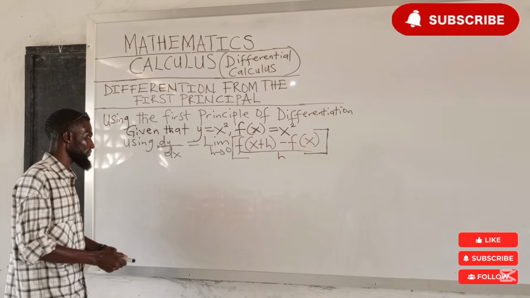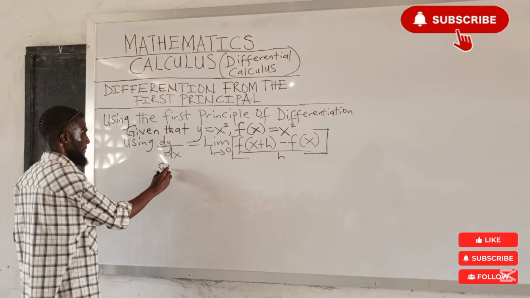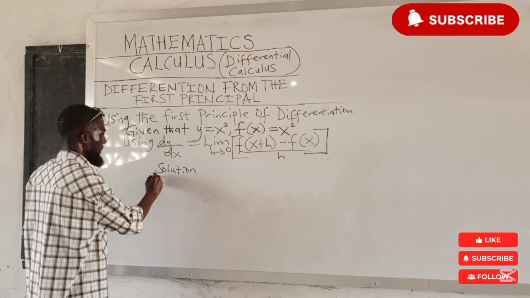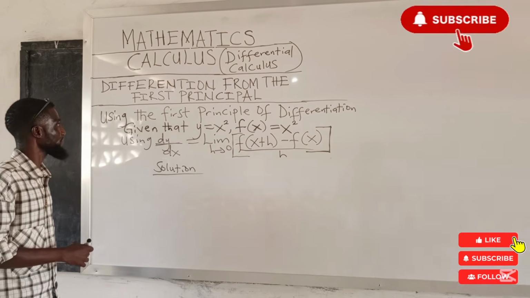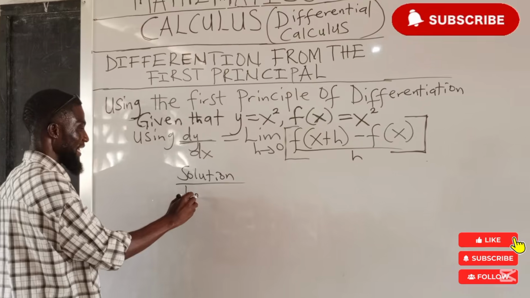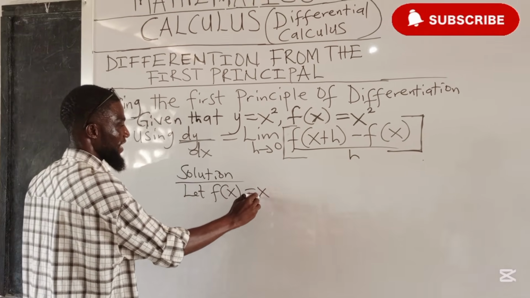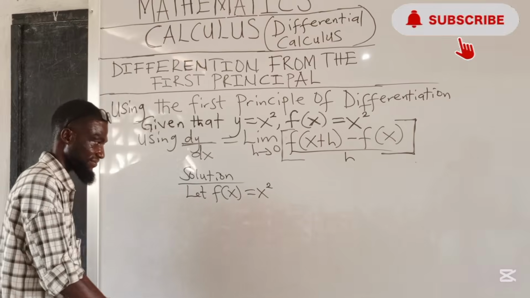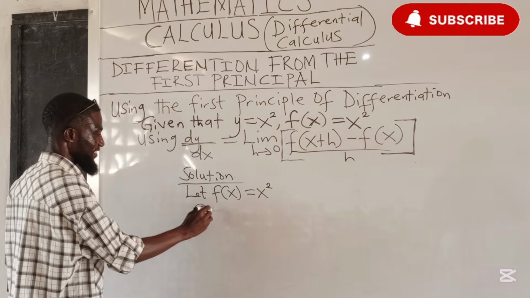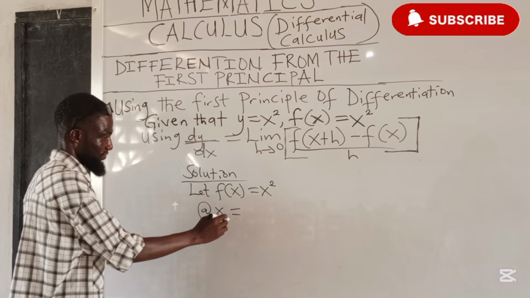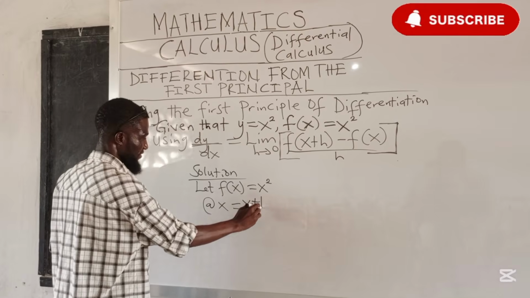Before solving this problem, we say solution. In the solution, we say let f of x be equal to x squared. And at x will just be equal to x plus h.